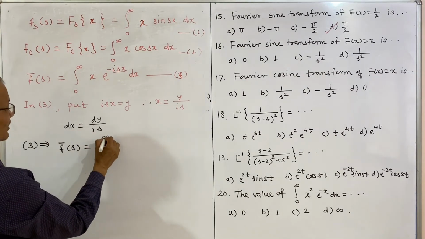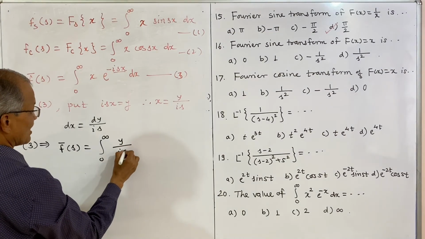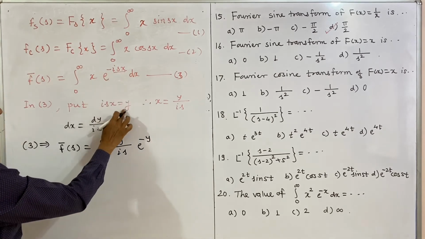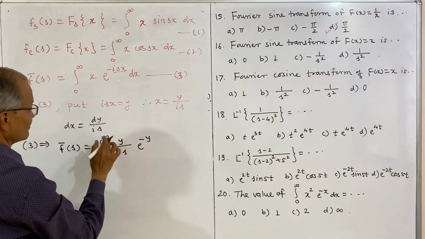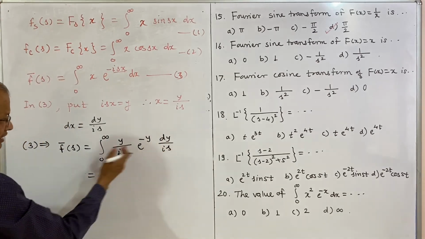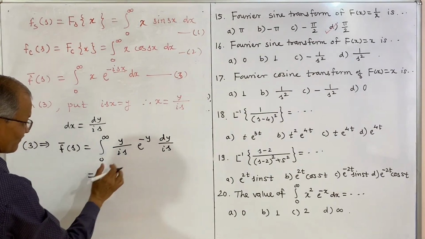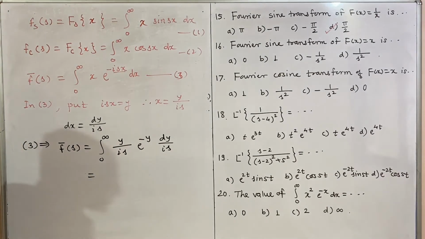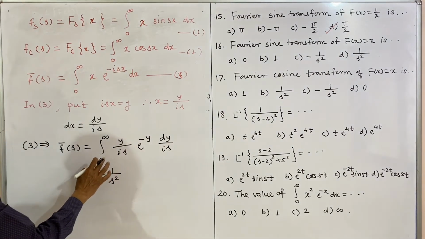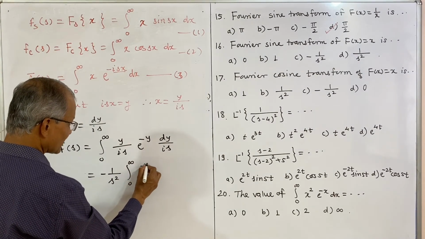So, integral 0 to infinity x is y upon is, and this is e to the power minus y, since isx is y, and dx is dy upon is. This constant can be written outside the integral: i square s square. i square is minus 1, and therefore it is minus 1 upon s square, and what remains in the bracket is integral 0 to infinity e power minus y into y.